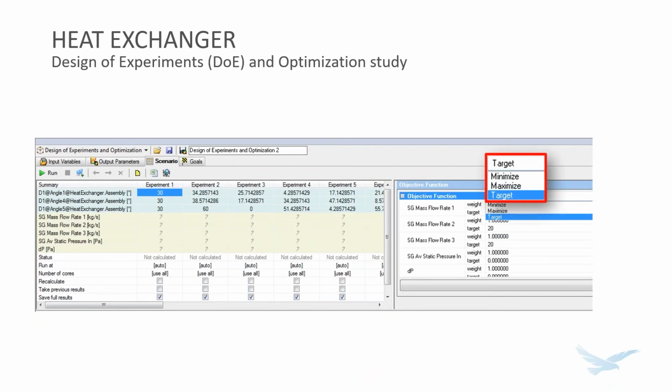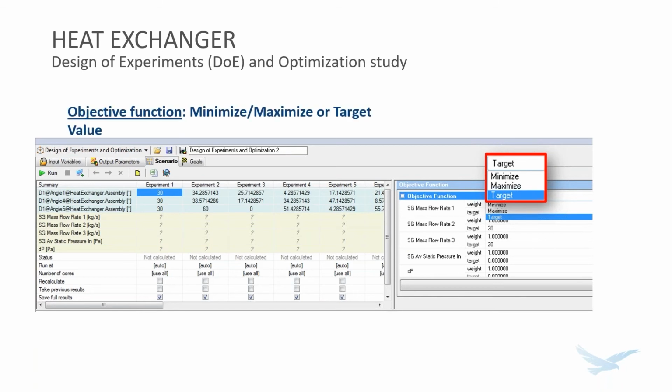So if I'm putting 60 kilograms per second of mass flow rate into the system, what I want to try to achieve is a third of that for each one of those channels, right? So we're going to set that up as a target value at the locations that I've chosen to measure. So maybe that's a face within the center of each of those heat exchanger models or something like that.